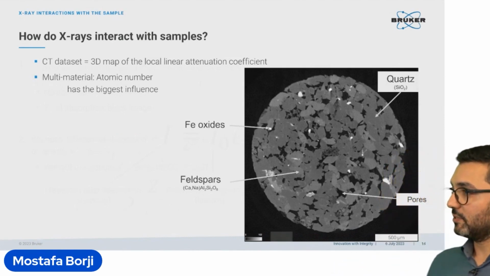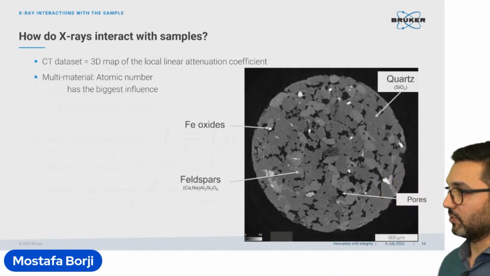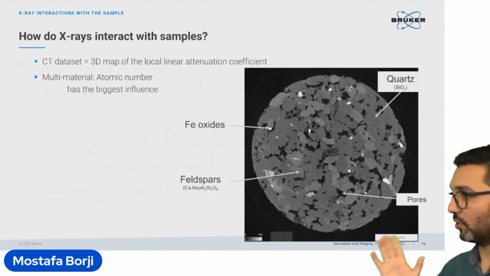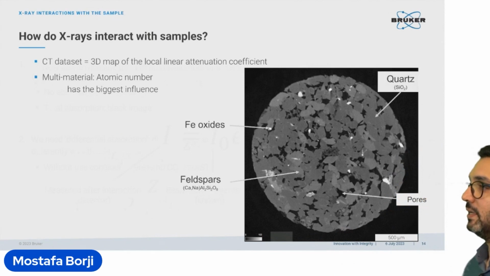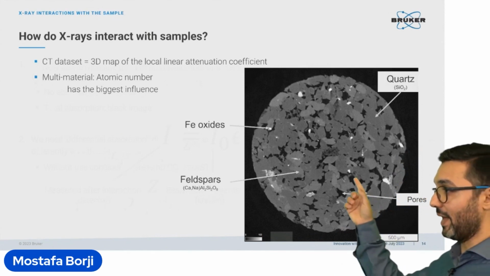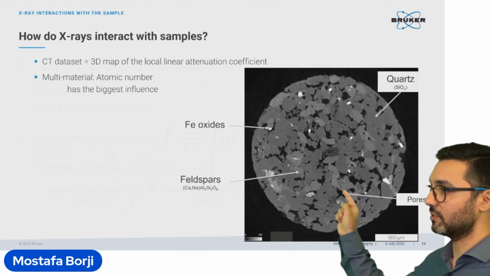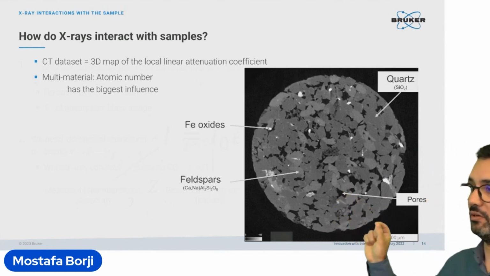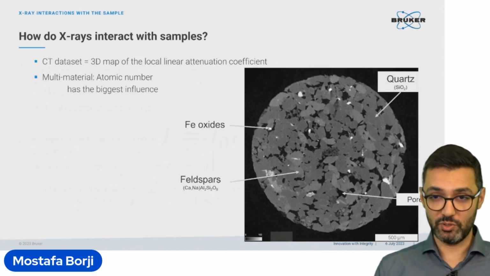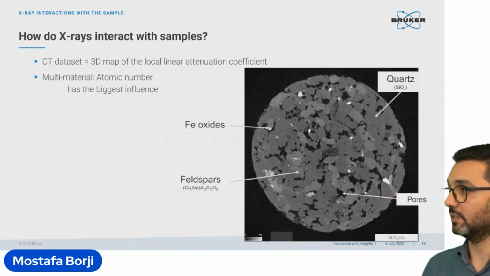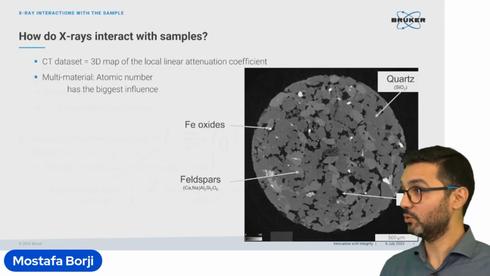So this is another example of a rock sample. Here we do see different gray values, so some brighter parts, some darker parts, and also some very black parts. Normally, when we see these kinds of black parts, they are showing the pores, since pores are filled with air if the sample is not filled with liquids.